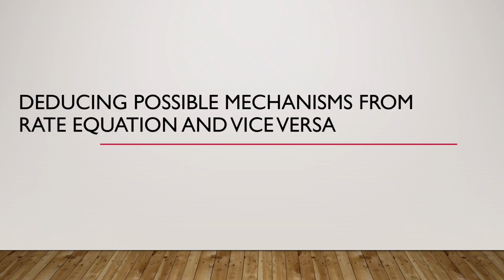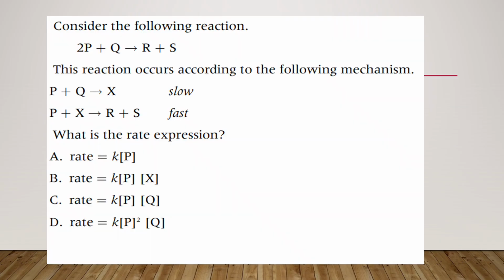All right. So now we come to the second part of this tutorial as to how to deduce possible mechanisms if a rate equation is given and vice versa, meaning if a mechanism is given, how do we deduce rate equation from that? So let's just address both these aspects.